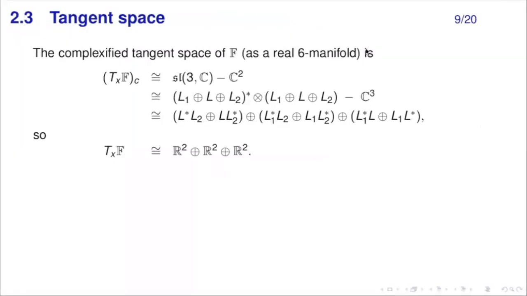So another way of thinking of the flag manifold, I mean, this is all sort of elementary, but it's not a holomorphic way of thinking, so it might not be so familiar.